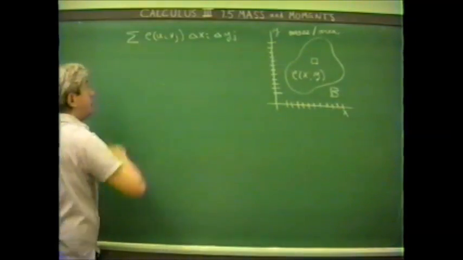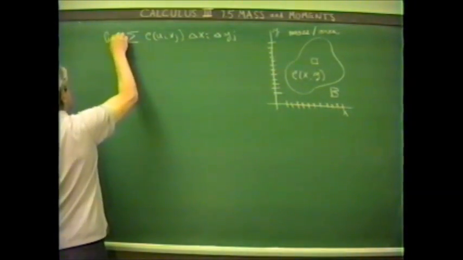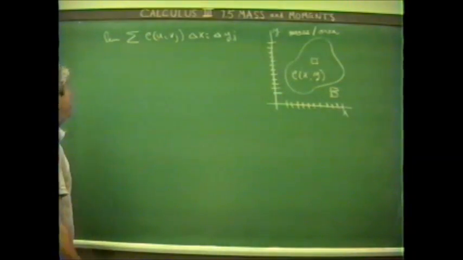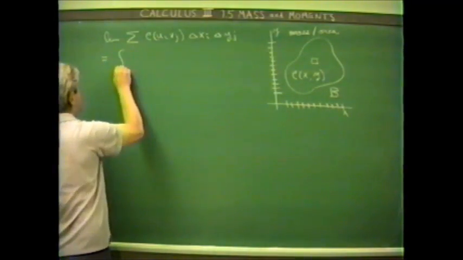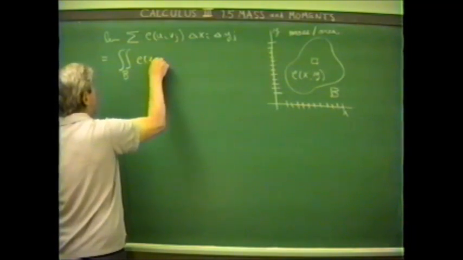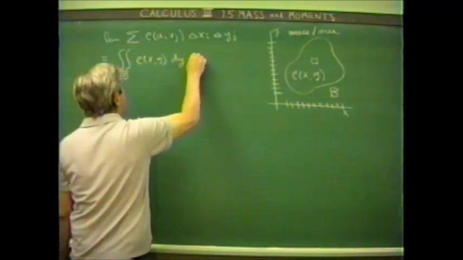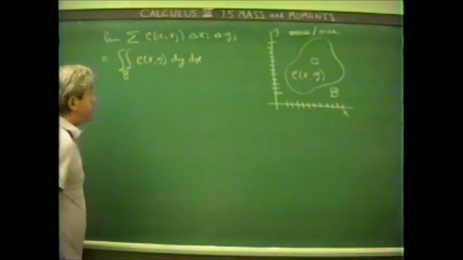This gives approximately the total mass, and we then take the limit as the norm of the partition goes to 0. This corresponds to the double integral over B of rho of x and y dy dx, or with respect to area.